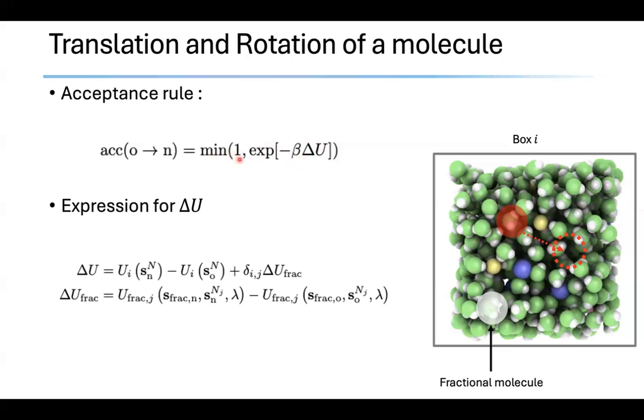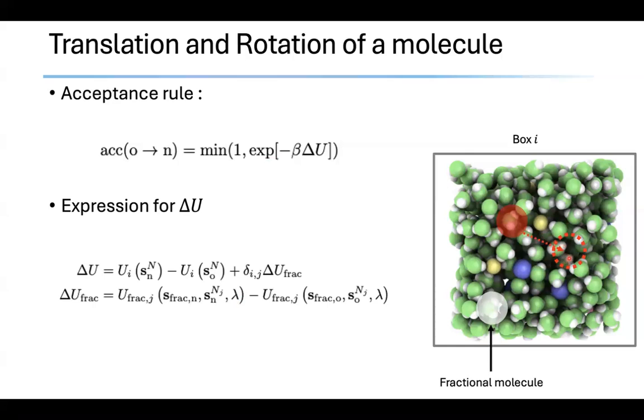So the minimum of this function will be 1, which means that the acceptance probability of such a move is 1, and this new system state is accepted. As a result, one would execute the translation of this molecule from this point to this point.